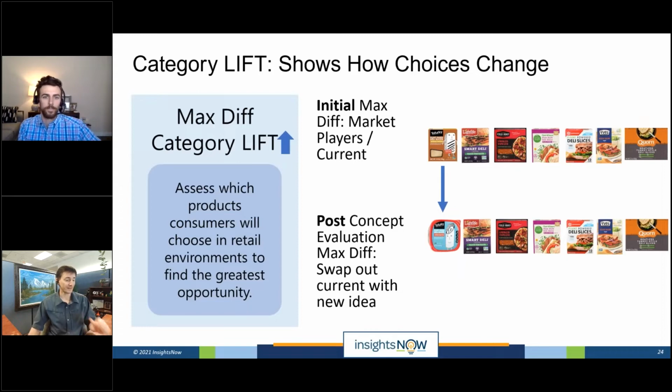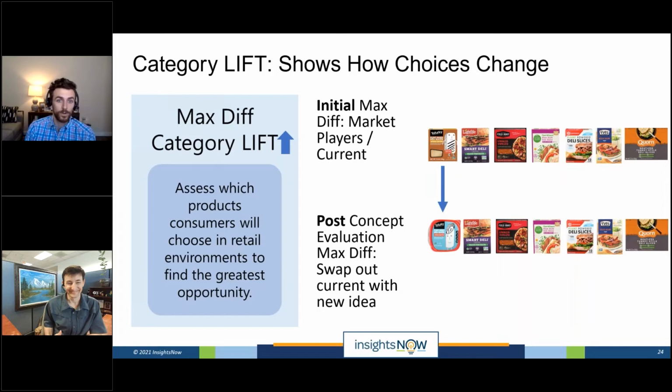Yeah, thanks, Greg. We've been sort of peppering you here and there with this idea on the metric of category lift. So now I want to explain in a bit more detail what this is, how we calculate it, and then go into some of the results that we found in the plant-based alternative retail space.